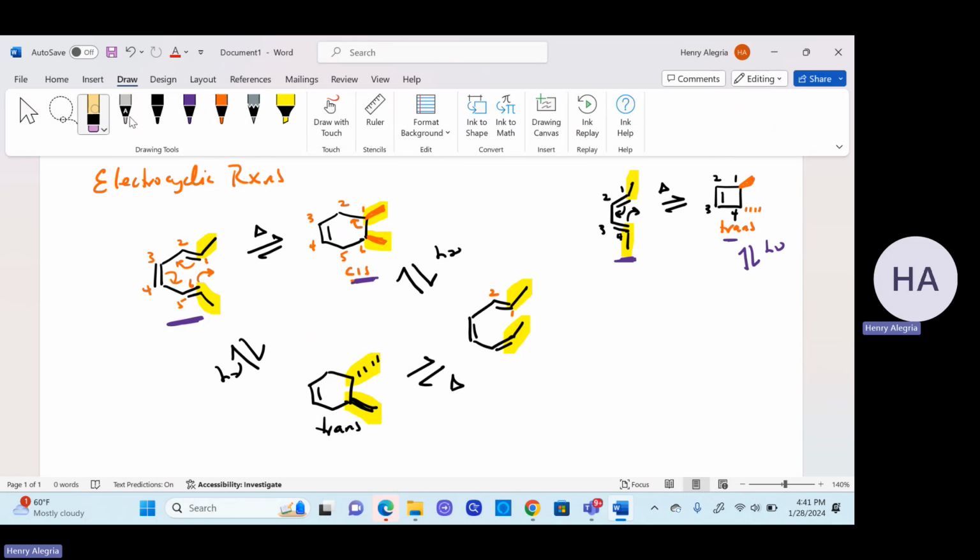Sorry, I just realized, I think you guys noticed this. If I follow the movement here, I will end up with a bond between 1 and 6, a double bond between 2 and 3, and when I move this pair of electrons here, a double bond between 4 and 5. It was looking strange to me. And the same thing happens here.